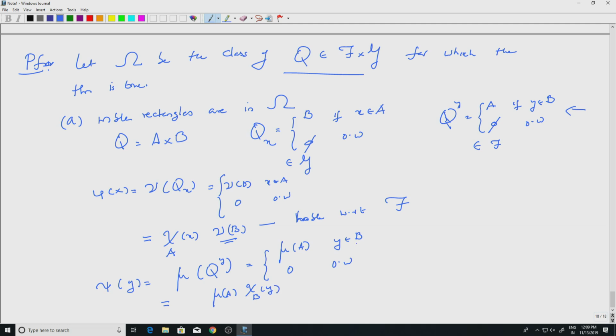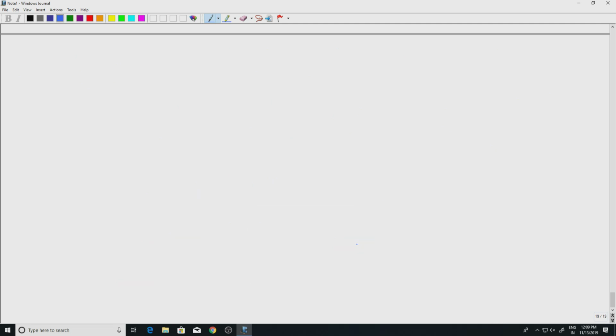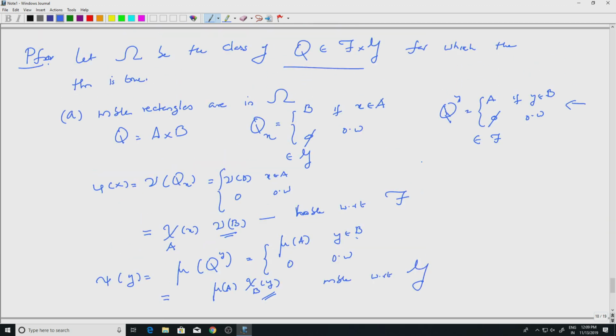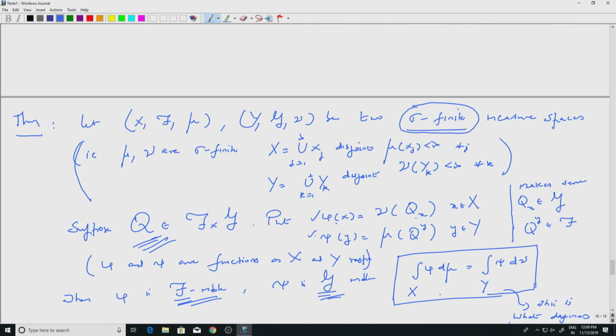You are simply multiplying the indicator of B with a constant, and so it is measurable, because this is an indicator of a measurable set. So this is measurable with respect to script G. So that is the first assertion. We started with a measurable rectangle and we proved that phi and psi are measurable.